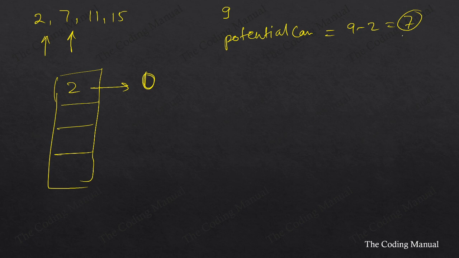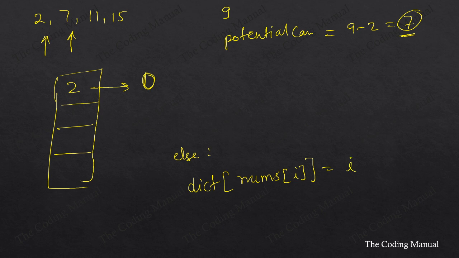If 7 exists in the dictionary, then we are good, we found it. But since this does not exist, I will write the else part. When it doesn't exist, I will say dictionary of that particular number as its index. So I store 2 with the value of its index.